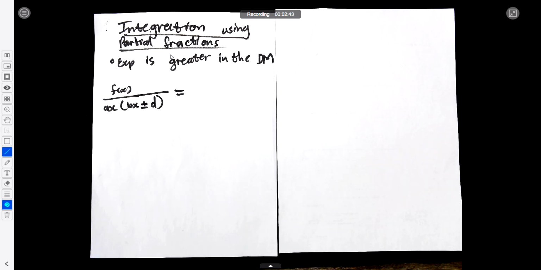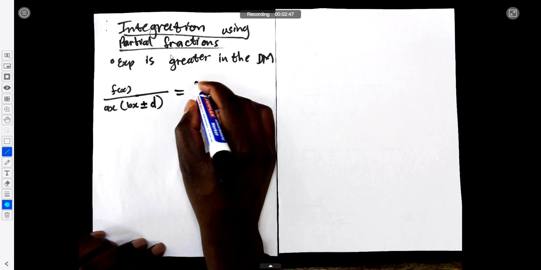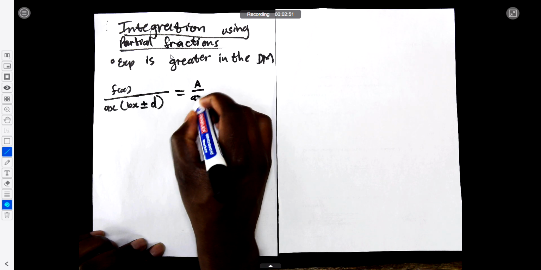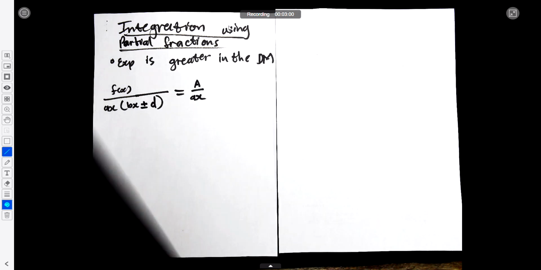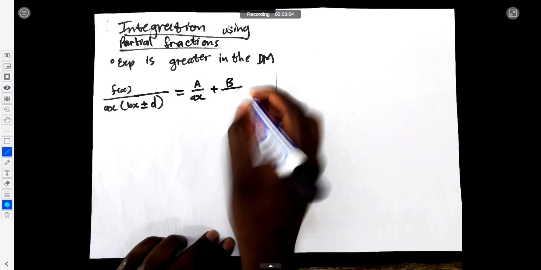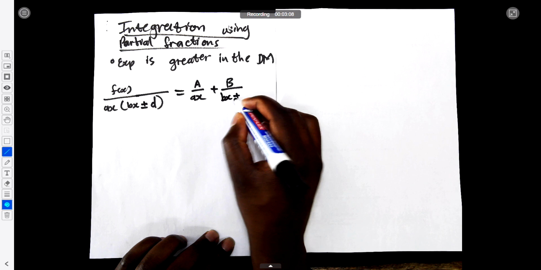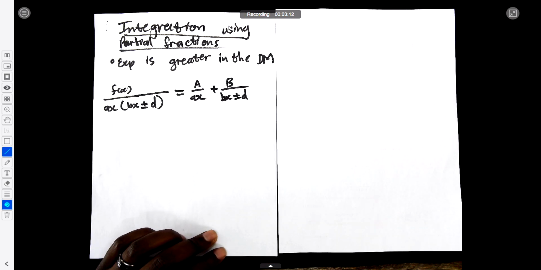If we have the denominator in factors, we can split the first factor, ax, so it will be divided by capital A. And the second factor, bx plus or minus d, will be divided by capital B, so the partial fractions are A over ax and B over bx plus or minus d.